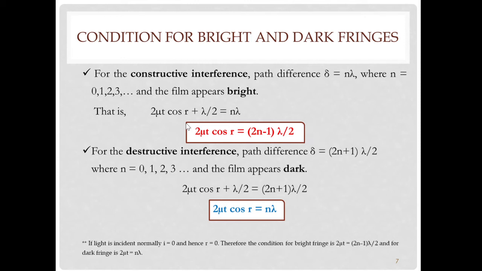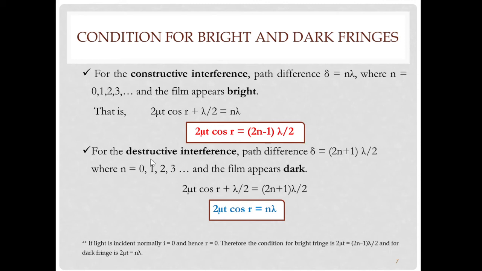Be very careful: in Young's double slit experiment, the path difference was equal to n lambda for a bright fringe. Here, due to the additional path difference of lambda by 2, the expression becomes 2 mu t cos r equals 2n minus 1 lambda by 2 for bright fringes.